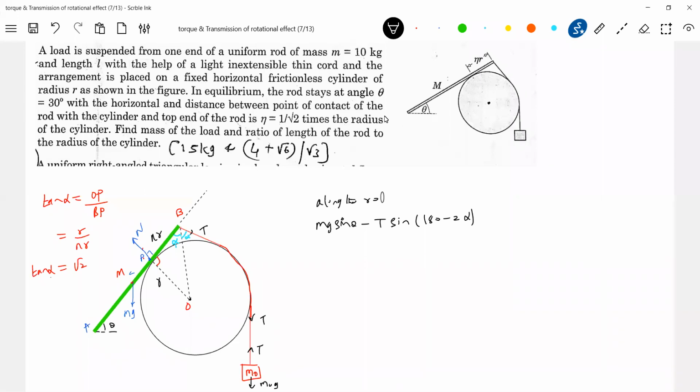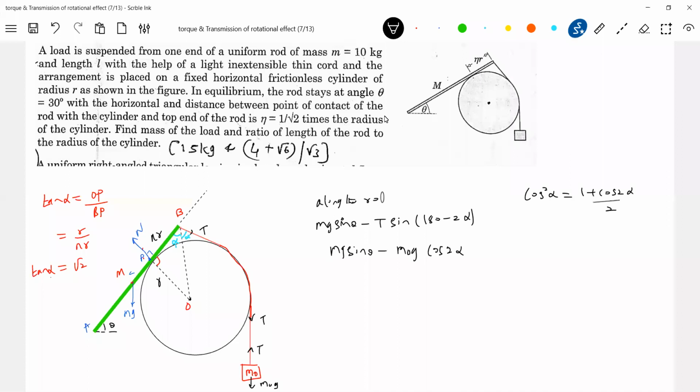The tension. Sine of this, I think the problem is almost over. This tension should be equal to m naught g. Sine of 180 minus 2 alpha will be cos 2 alpha. So we know cos square alpha should be equal to 1 plus cos 2 alpha by 2.